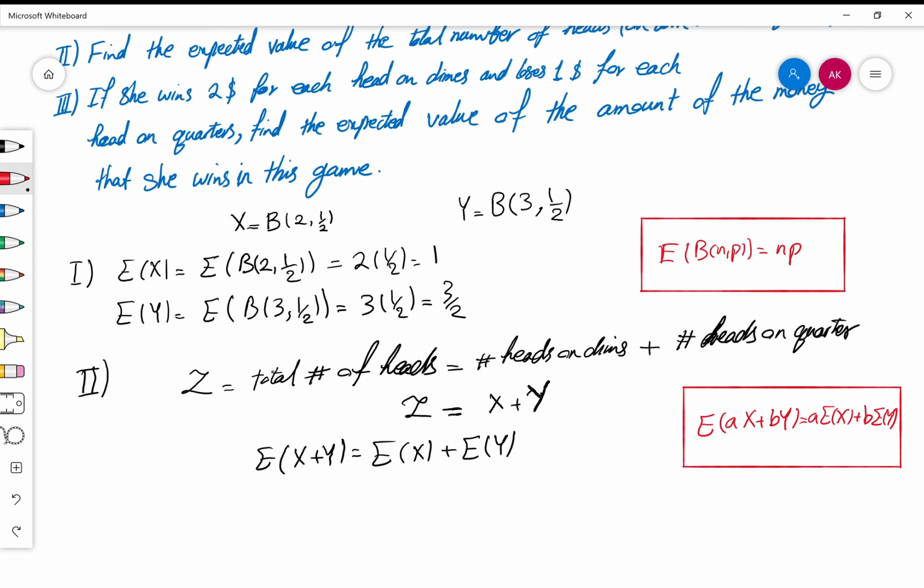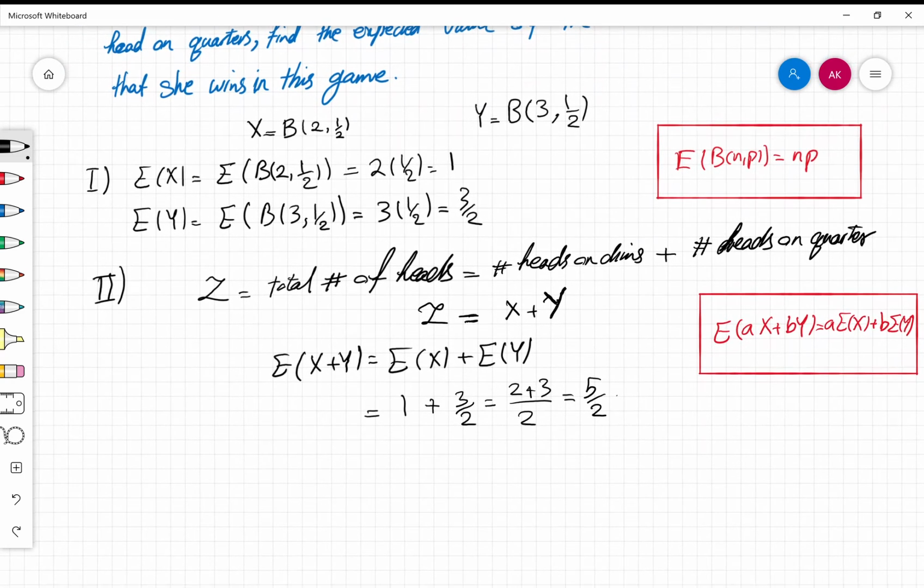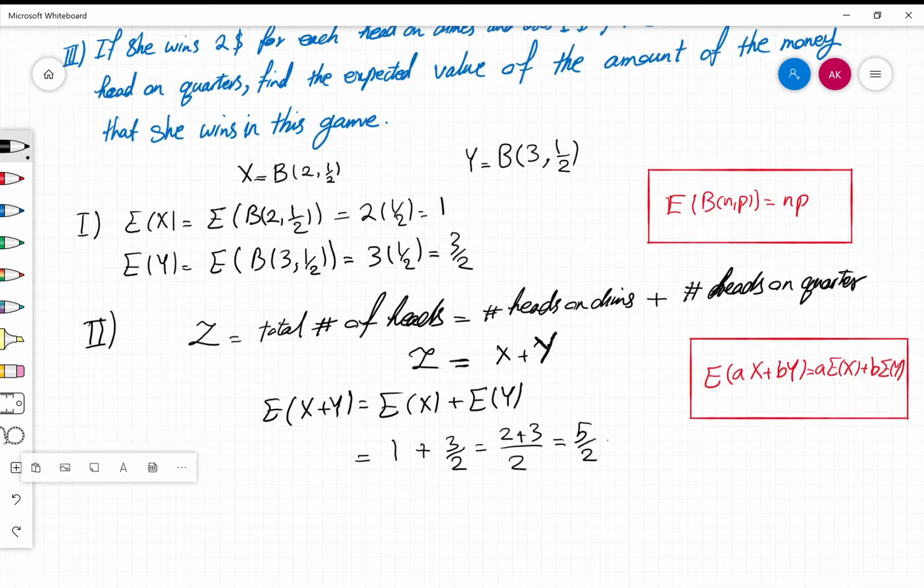So in this case, a and b are 1, and this is just adding the expected values. E of x is 1, E of y is 3 over 2, and when you add them, you get 2 plus 3, 5 over 2. So on average, 2.5 heads will come up.